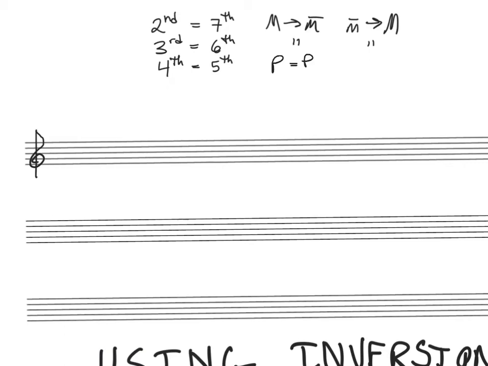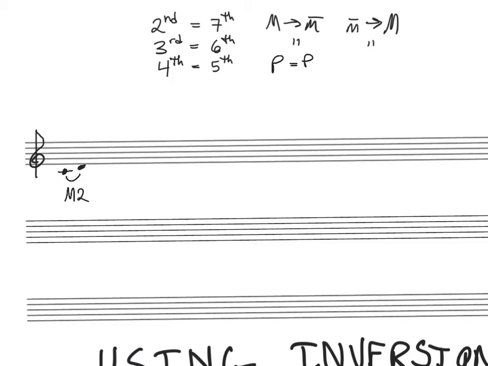One thing to remember is another pattern. Well, let's start off with seconds. If we're looking at natural intervals, the interval between C and D is a major second, okay?